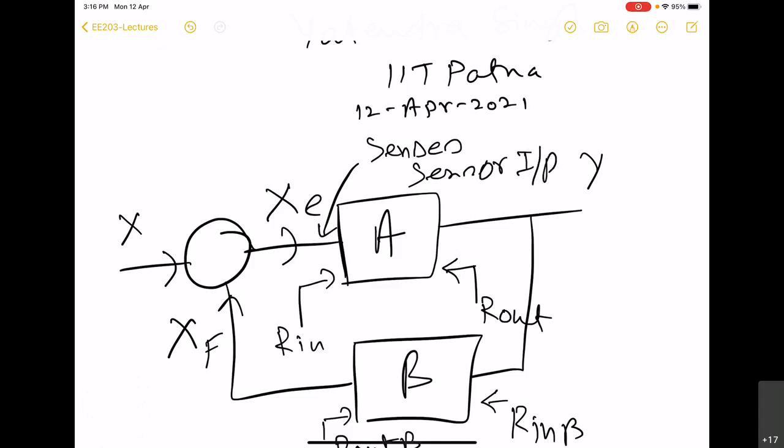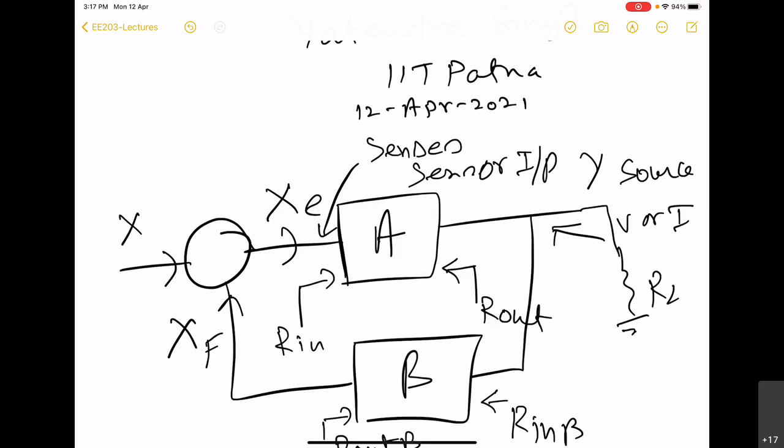And on the output side, it produces quantity Y, which is of course sensed by the feedback network. On the output side, it produces either voltage or current, V or I. So it is basically a source of voltage or current, and this will ultimately be connected to the load like this.